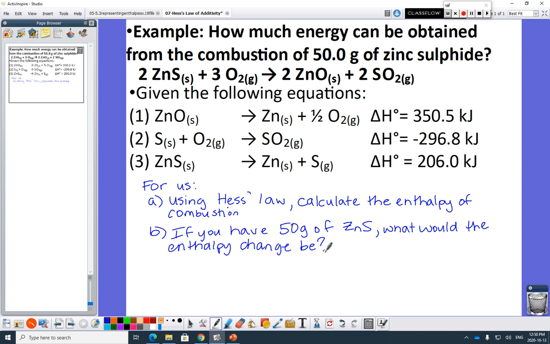So the biggest complaint about Hess's Law that students have is you'll get a question like this. There is a target, and you're given steps, and students will say, Miss Todd, I don't even know where to start. Okay? So what I recommend is, first of all, look at each step separately.